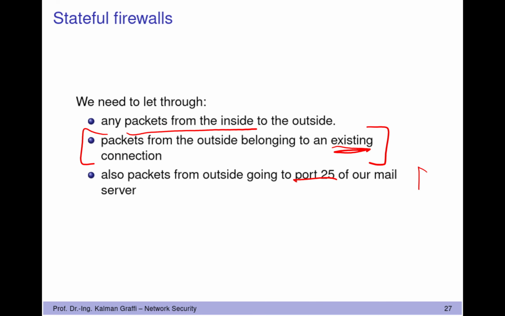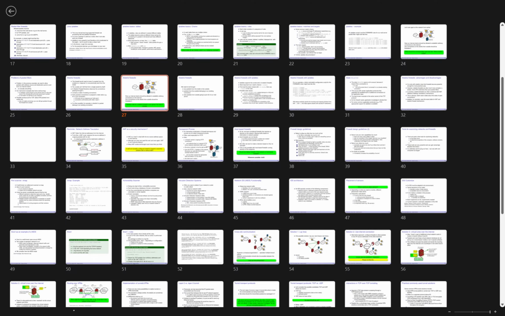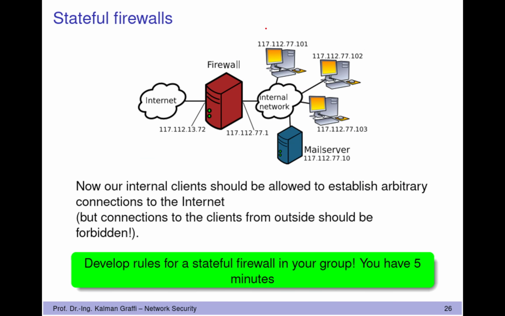So let's have a look. If we have messages from this source IP address, and the message is passing through this interface into the firewall, then all of it should be accepted.